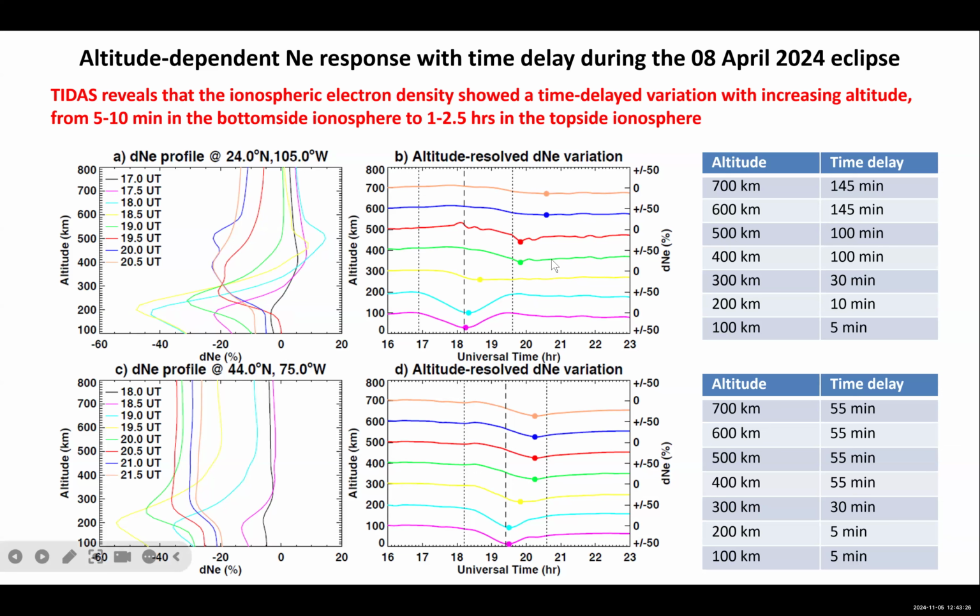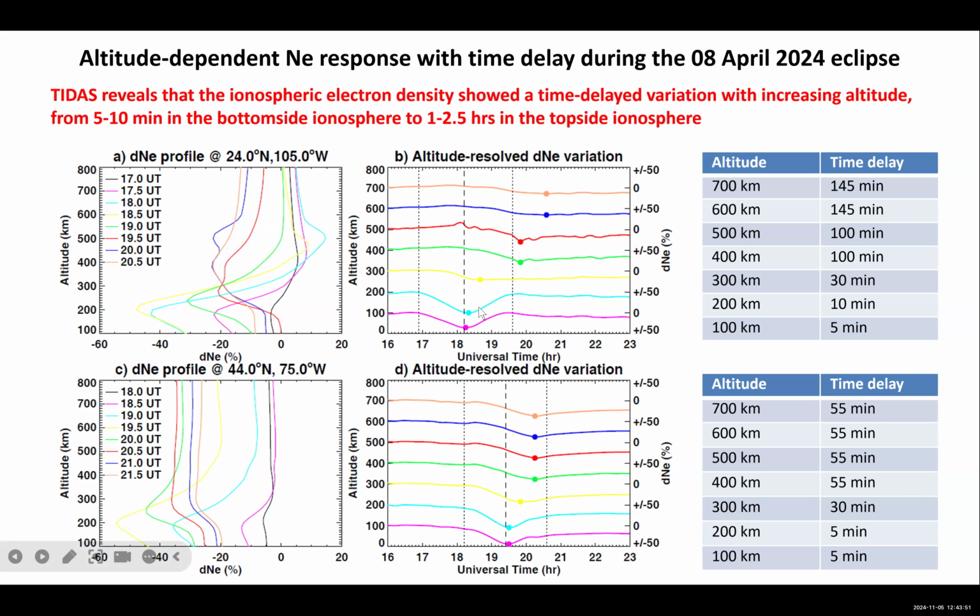In this panel B, we can also see that. So that's the delta NE variation at different altitudes from 100 all the way to 700 kilometers. These dots mark the local minimum electron density. So we can calculate the time delay between this minimum electron density and the maximum solar obscuration.